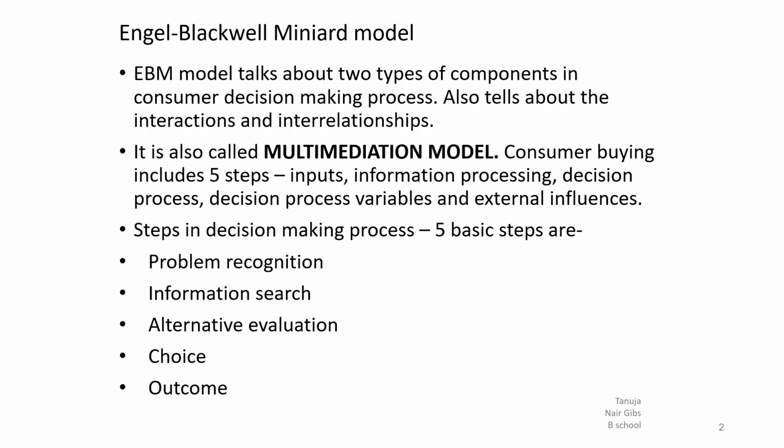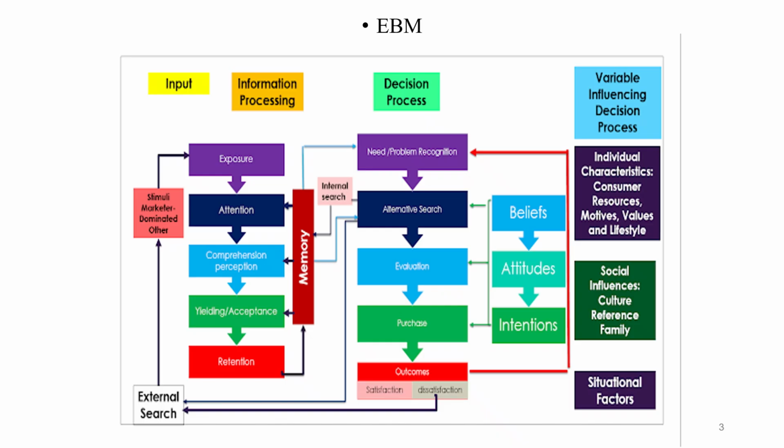He will collect various alternatives, that is products under various brands, and then he will evaluate all those different brands, that is alternative evaluation. Then he will choose one of the brands, and the outcome is he decides to purchase. So this is the basis on which this EKB model is based.